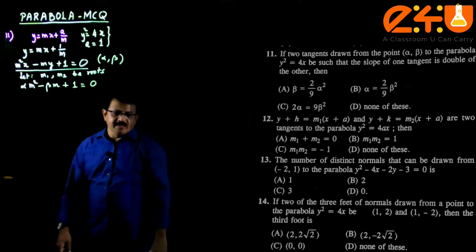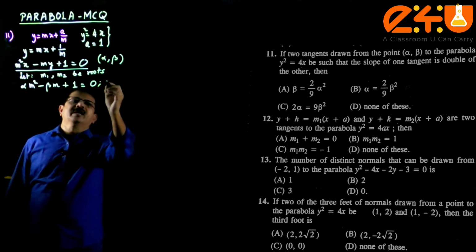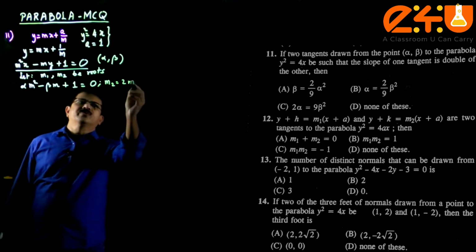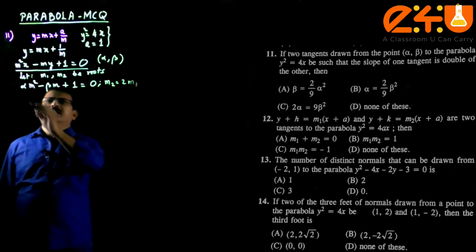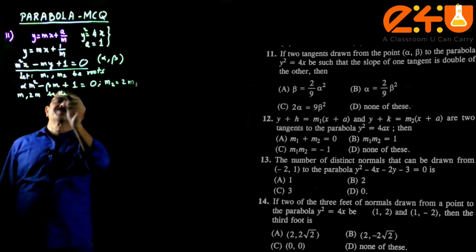Now we have to apply the condition: one tangent has double the slope. So m2 is twice of m1. I can make m comma 2m be the roots.